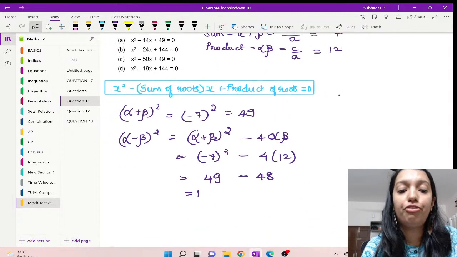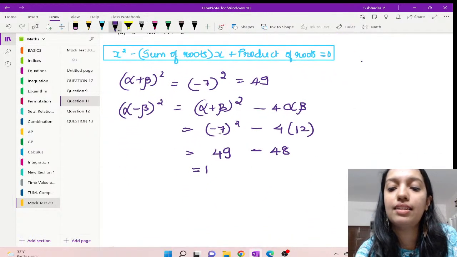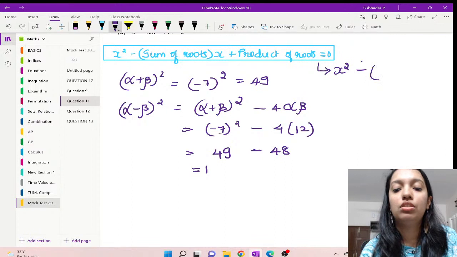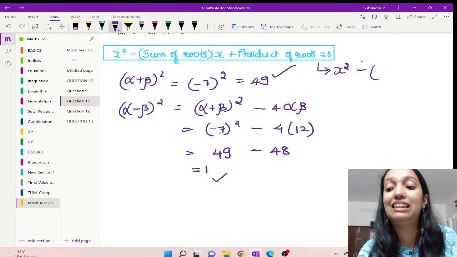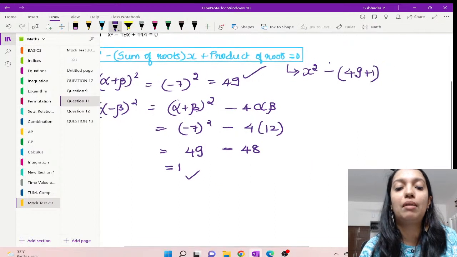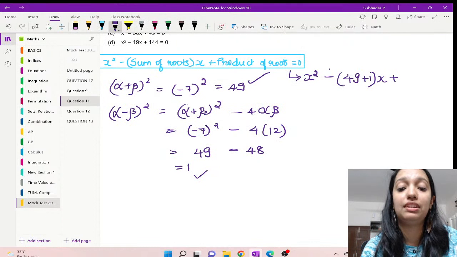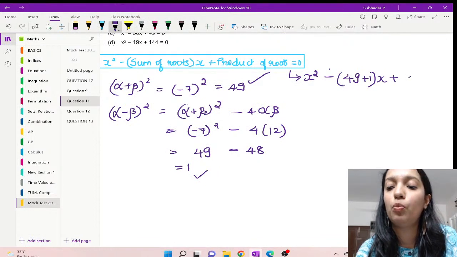Now, how do you frame the equation? x square minus the sum of the roots. These two are the roots, so the sum will be 49 plus 1. Sum means I have to add, correct? Plus the product of the roots. That means I need to multiply 49 and 1. 49 into 1.